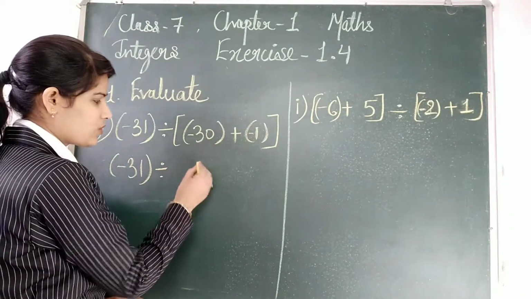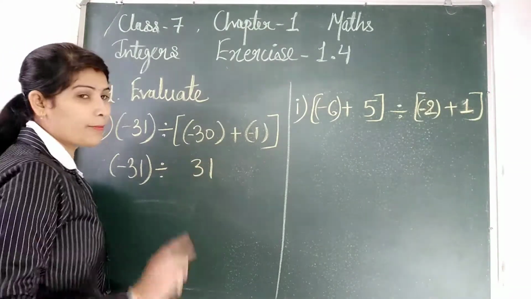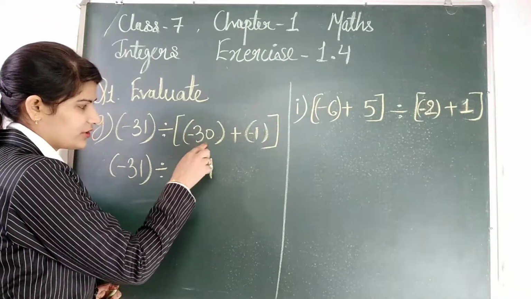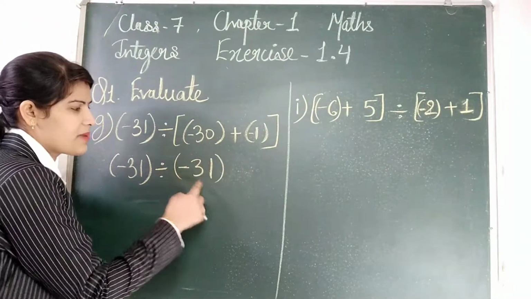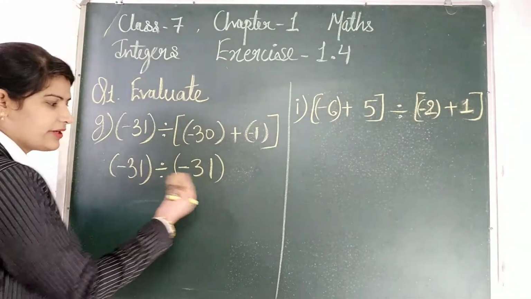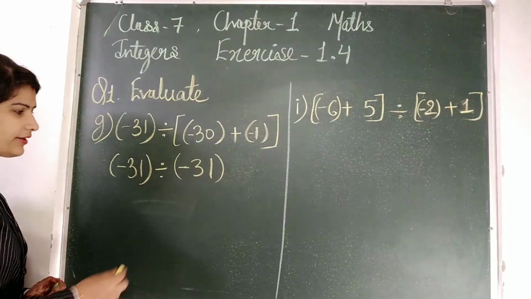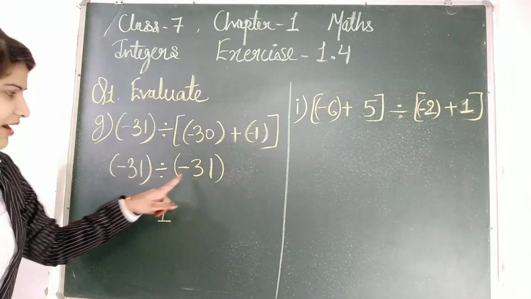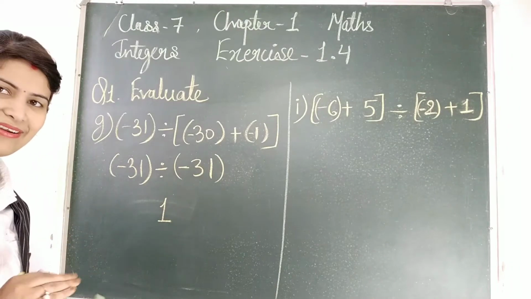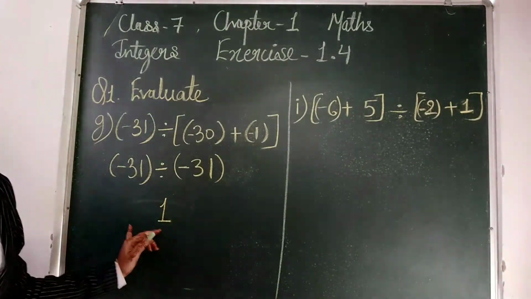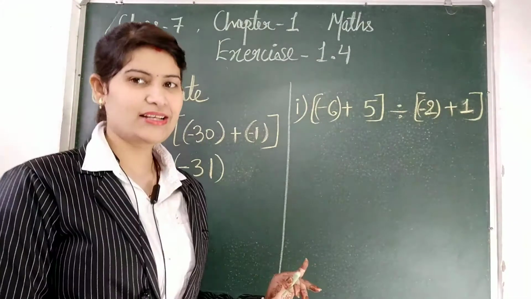So 30 plus 1 is 31, but the sign will be of the greatest digit, so 30's sign. Here minus 31 is the answer. Now divide 31 by 31. What will you get? Obviously 1. And minus divided by minus means the same sign is there, so apply plus sign. That means positive 1. This is the answer.